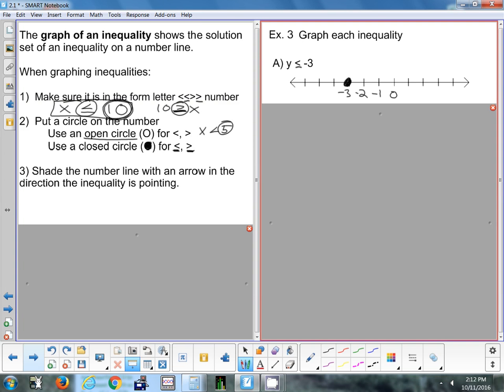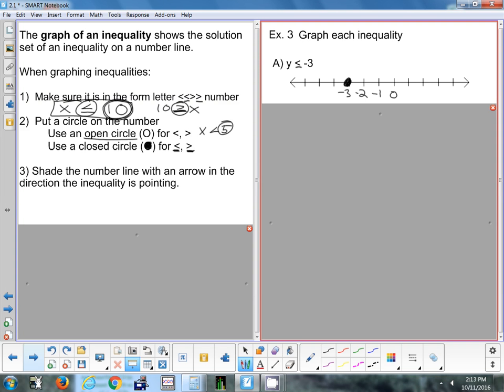Okay, am I done? No, I have one more thing. Shade the number line in the direction of the arrow. So which way am I going to shade this time? Which way is that inequality sign pointing? Pointing left, correct?